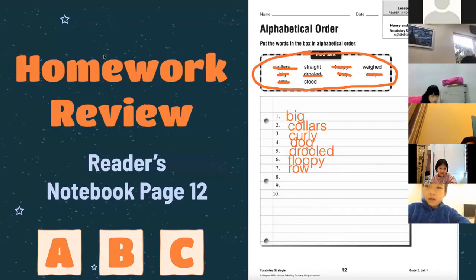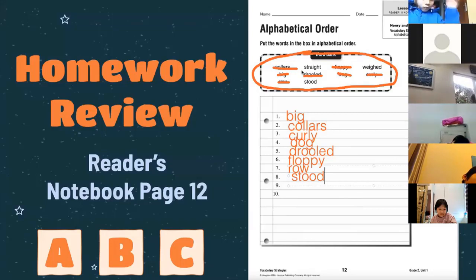Does an O come before an R in the alphabet? O comes first, then the R. The O comes before the R. So the next word would be stood.